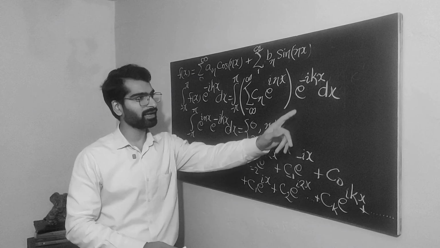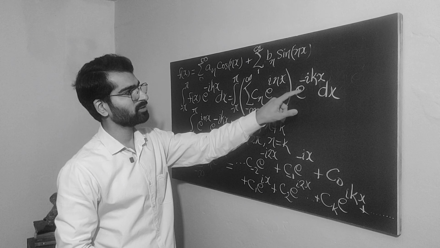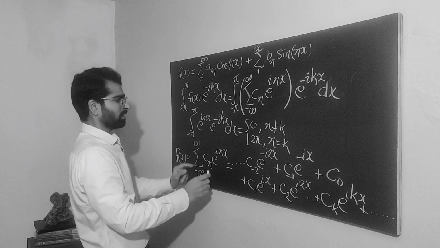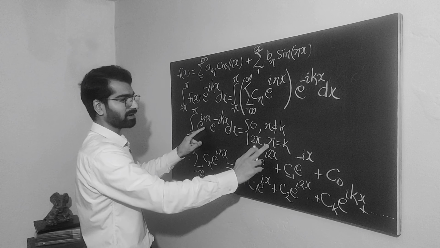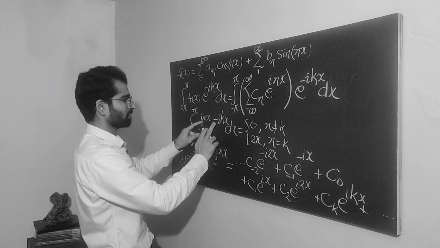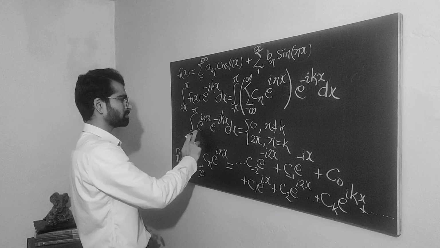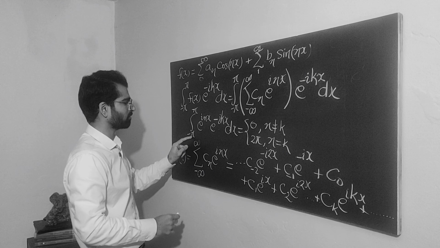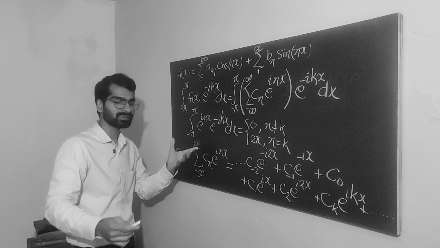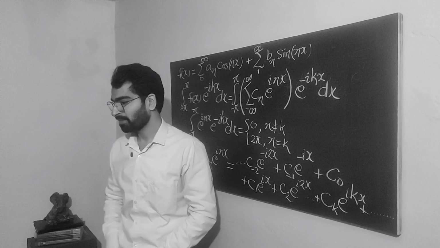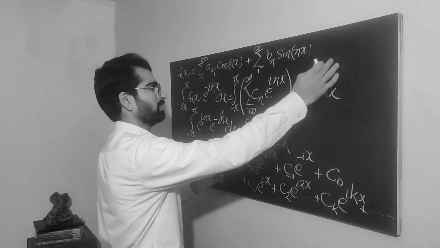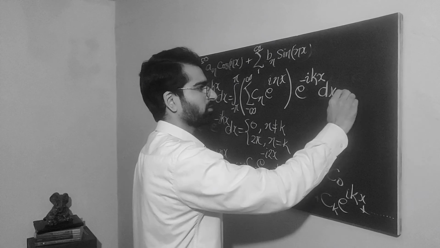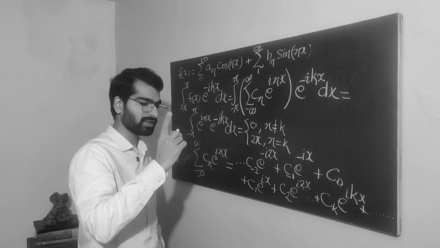Only one survives when this e to the minus ikx comes here and multiplies with this one, because when n is k, this becomes e to the 0, which is 1, and you get the integral from minus pi to pi of dx, which is just 2 pi. And so of this infinite number of integrals, just one survives.